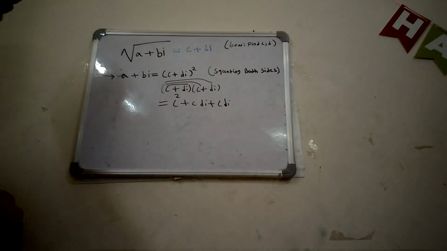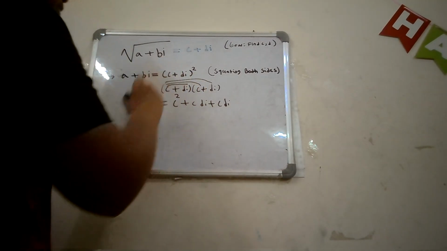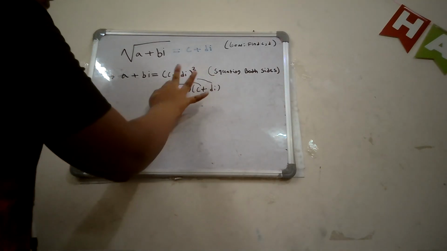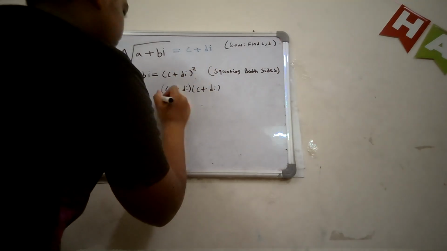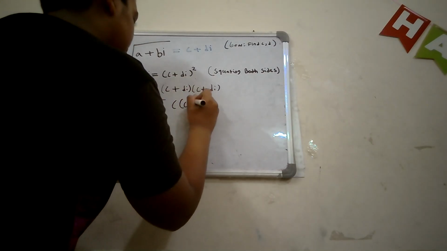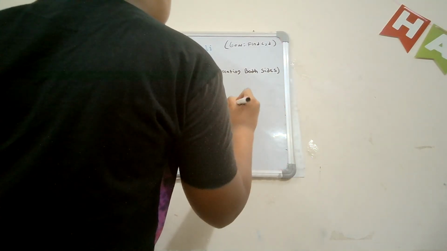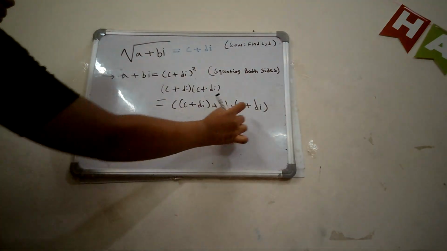Now why c di? Because look, first c into c. Actually what we're doing is we're breaking this down. And if you want to think about this in a better way, rather than distributing, you can write this as c into c plus di plus di into c plus di. But basically splitting it up into two parts.